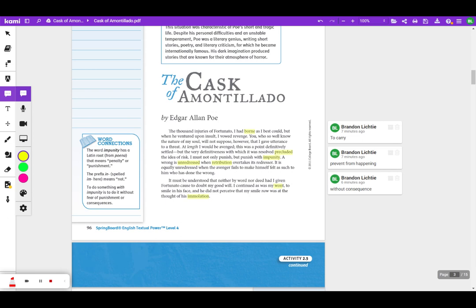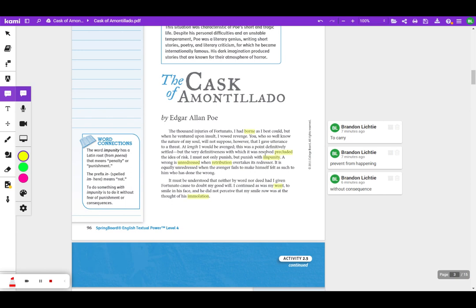Okay, so I want to point out what I believe is the first criteria for success, what Montresor believes it means to get revenge, and how he is successful in that. If we come back up here, we know he's going to get revenge. He says, the thousand injuries of Fortunato I had borne as I best could.